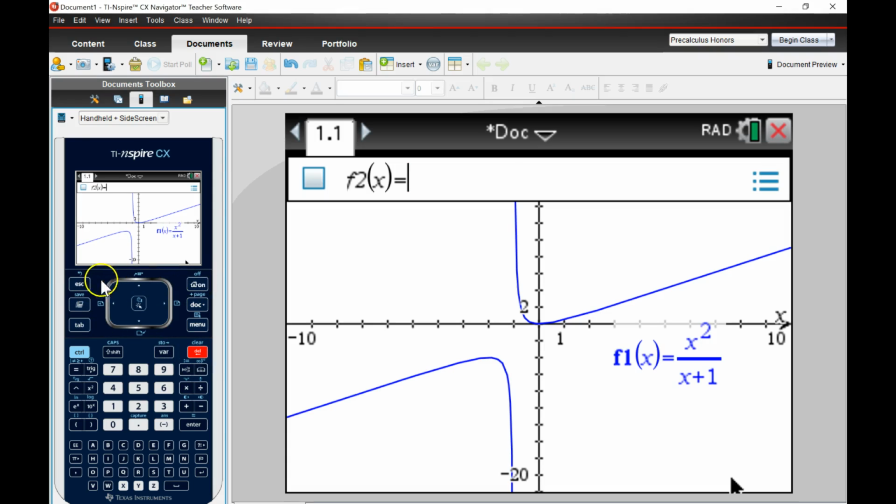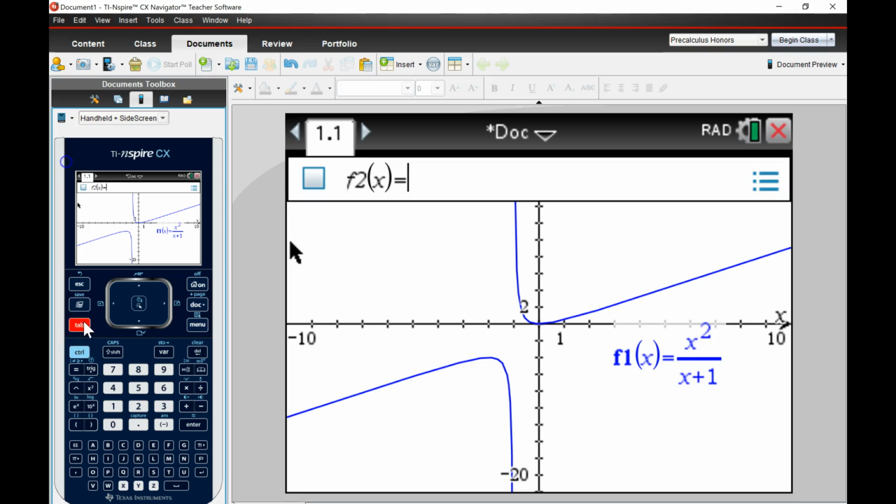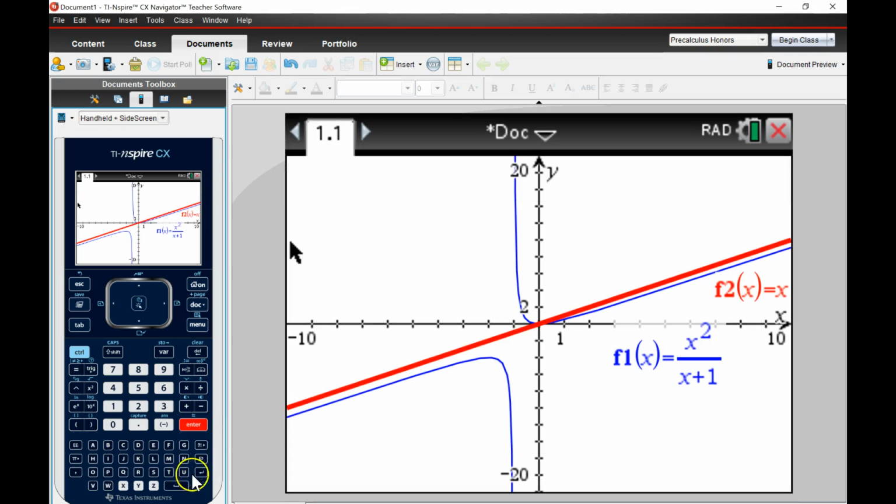So now, okay, look at this asymptote here, right? Is there a horizontal asymptote? There is not a horizontal asymptote. But look, if I were to draw, okay, let's go into here, and I'm just going to draw y equals x. Do you see how at the very ends, right, this follows that red y equals x line?